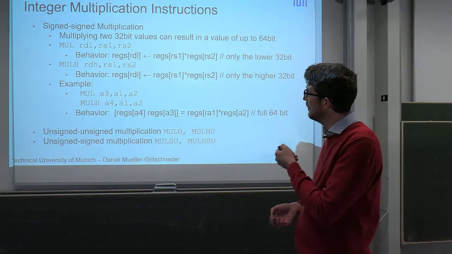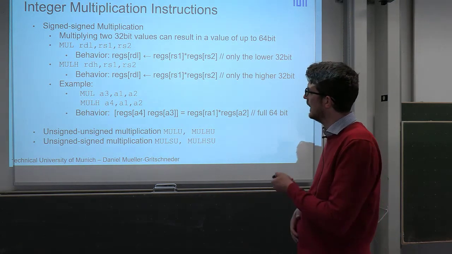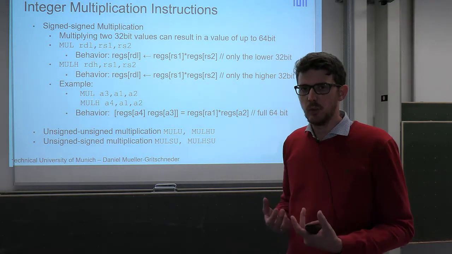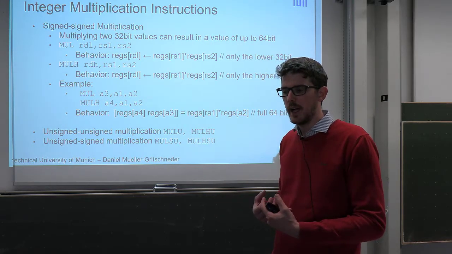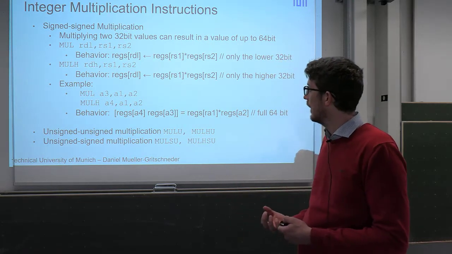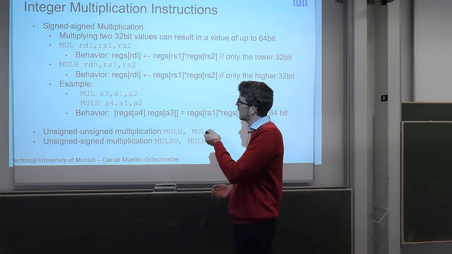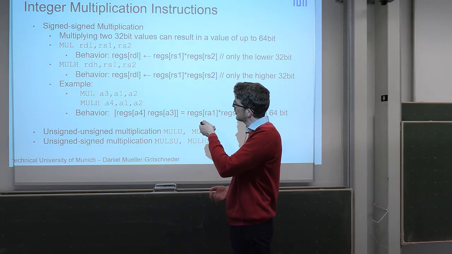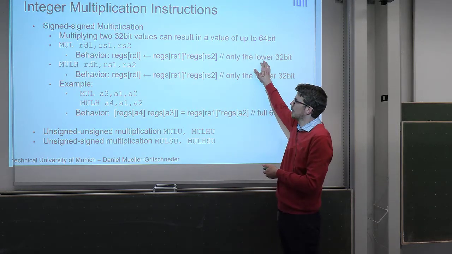If you want to do multiplication, then again we have signed and unsigned. The issue with multiplication is that if you're multiplying two 32-bit values, then the result can actually be as wide as 64-bit. In order to not lose anything, you have 2 multiplication instructions. One is the mul instruction, which multiplies RS1 and RS2 and stores it into the destination register, but these are the lower 32 bits of the result.